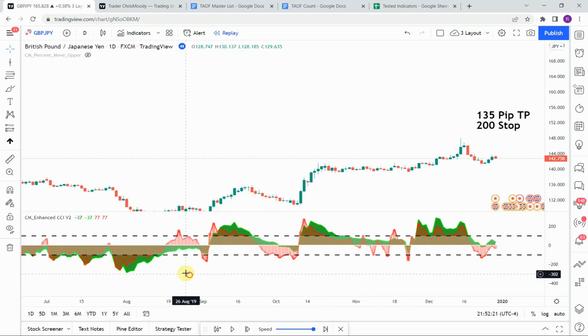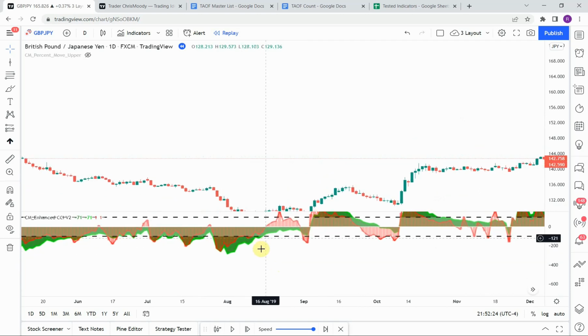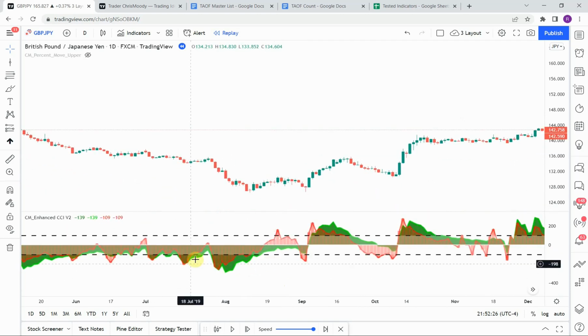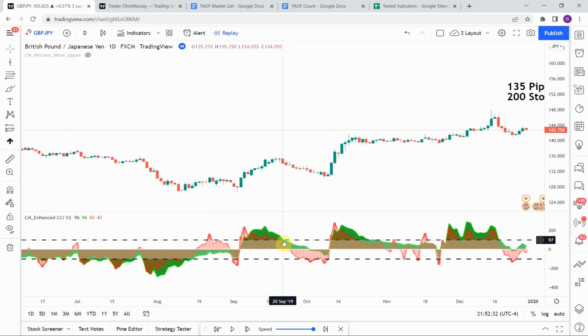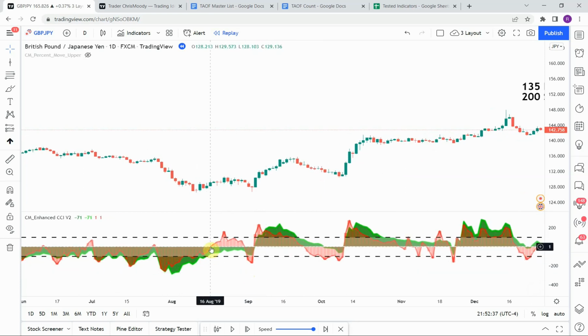Now, if it was on the bottom, like right here, then what we're looking for is the moment where the green oscillating line crosses back to the upside. So on the top side, we're looking for it to cross back down below the dashed line. On the downside, we're looking for it to cross back up above that dashed line.